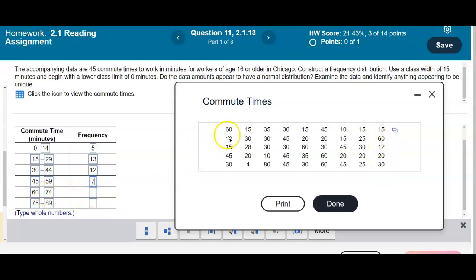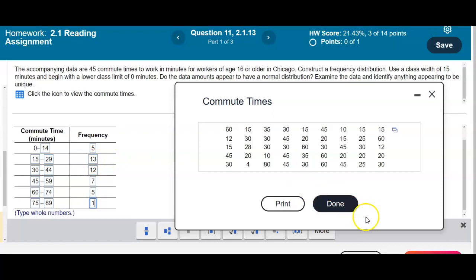From 60 to 74, we have 1, 2, 3, 4, 5. And then 75 to 89, we have 1, and it looks like 1.